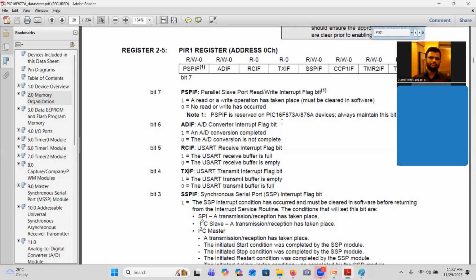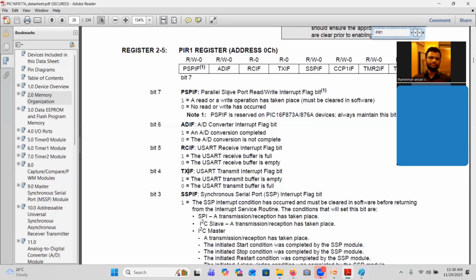Let us say I told her that day that I can interface an LCD with a PIC microcontroller. There are different ways to interface an LCD display with a controller. One among them is the parallel slave port.